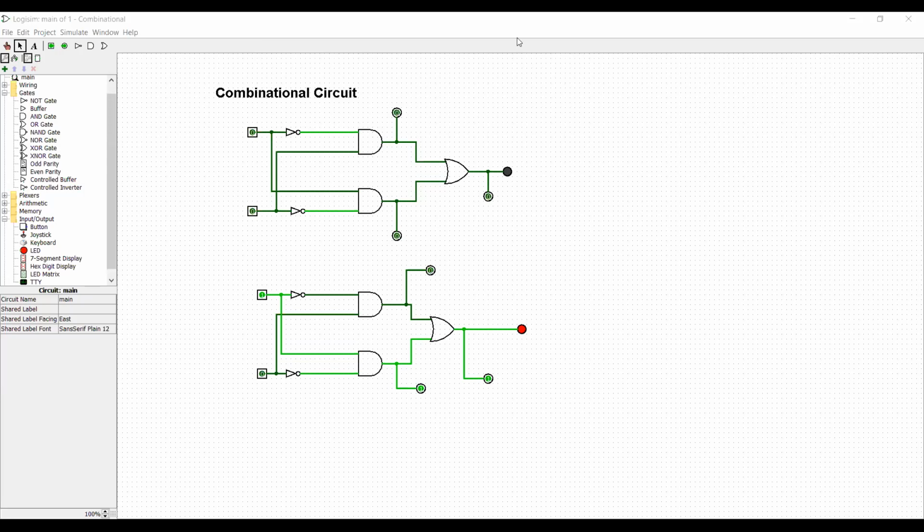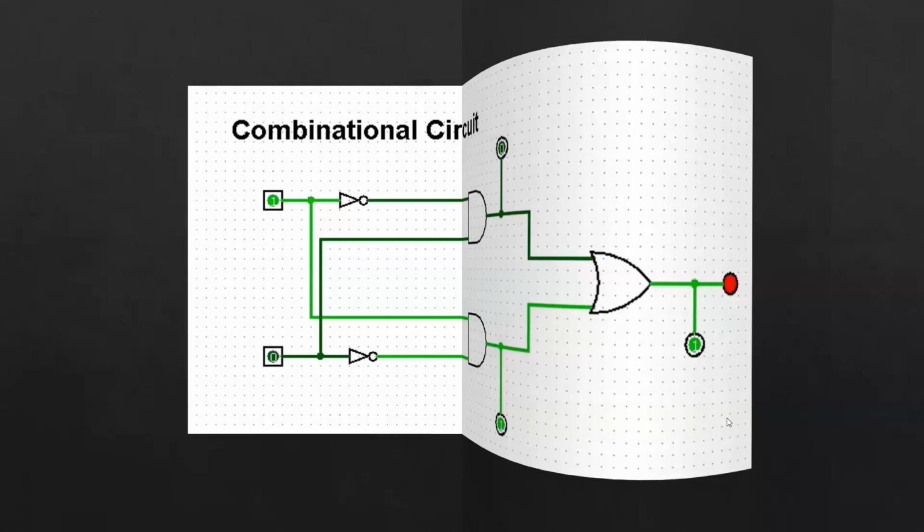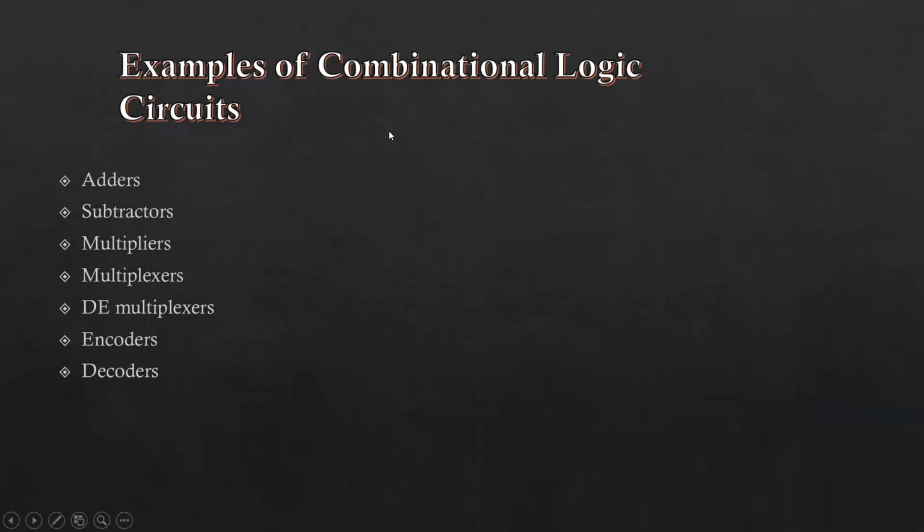Now I move to the presentation section. Here, examples of combinational logic circuits are adders, subtractors, multipliers, multiplexers, demultiplexers, encoders, decoders.